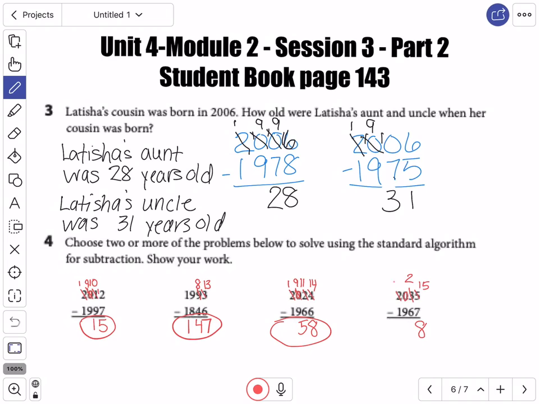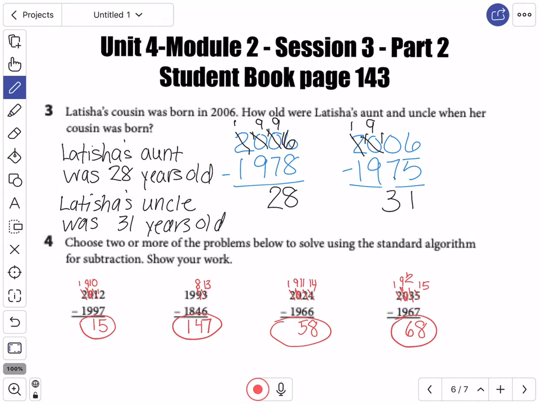So I'm going to jump over here, and I'm going to regroup. This 2 is going to become a 1. This 0 will become a 10. When this 0 becomes a 10, I now have a number that the 2 can use. So I'm going to turn this 10 into a 9 so that this 2 can become a 12. I'm borrowing or regrouping that 10. So now I have 12 minus 6 equals 6. So my answer is 68.